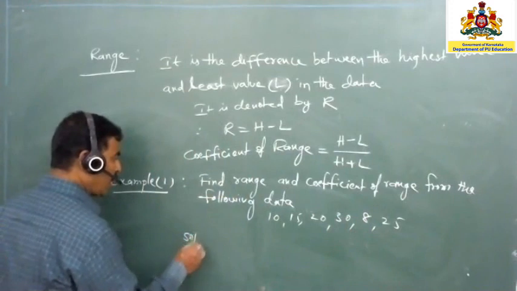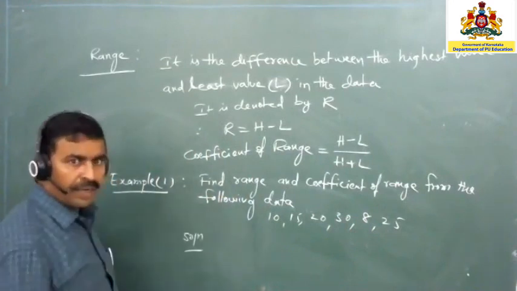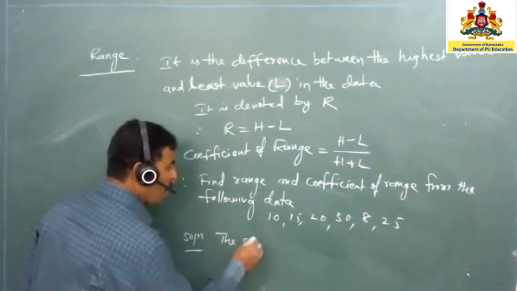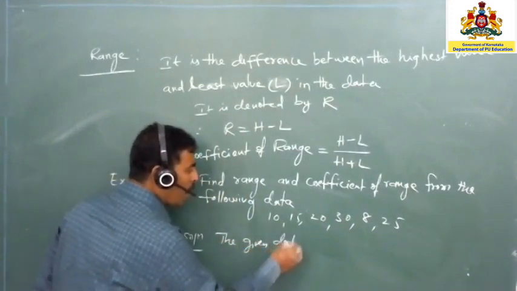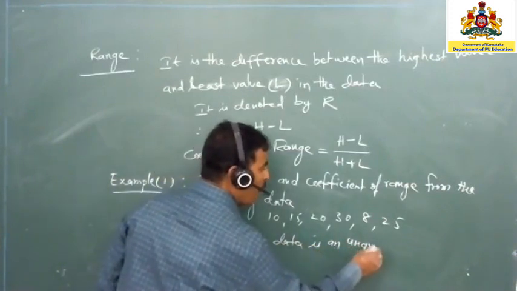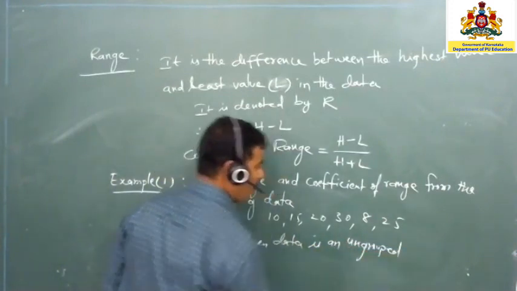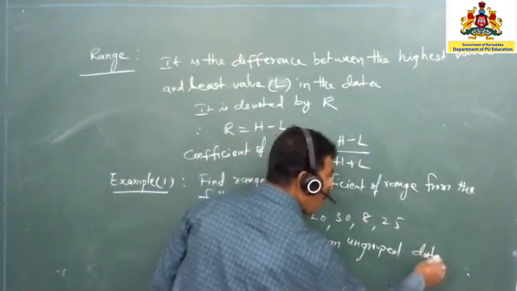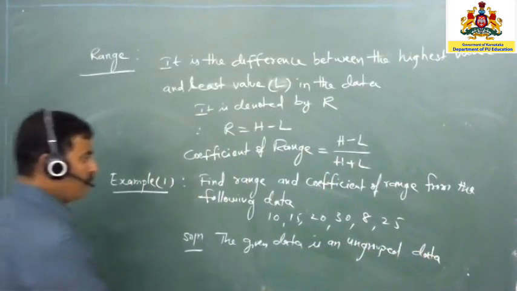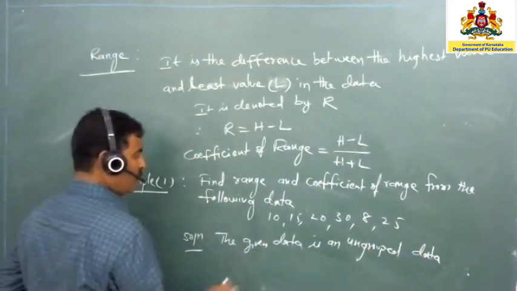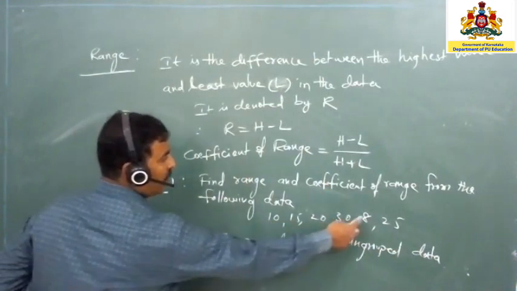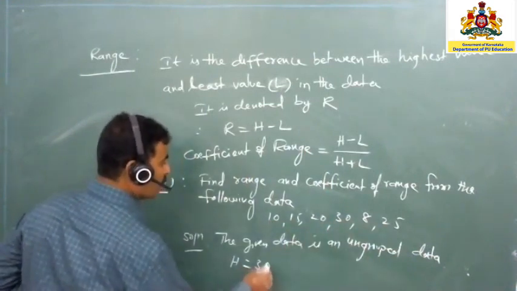Solution. What type of data is it? The given data is an ungrouped data. So find the highest value. 10, 15, 20, 30, 25. 30 is the highest value.